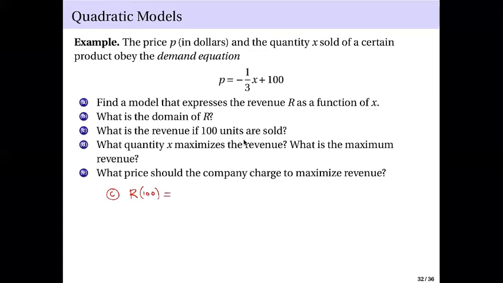So we just have your equation, negative 1/3 times 100 squared plus 100 times 100.